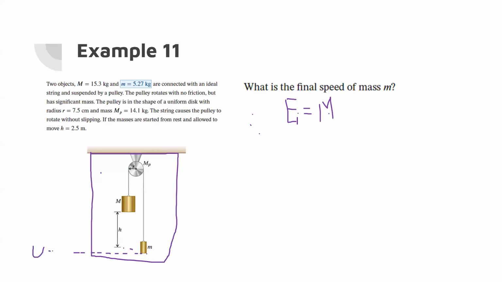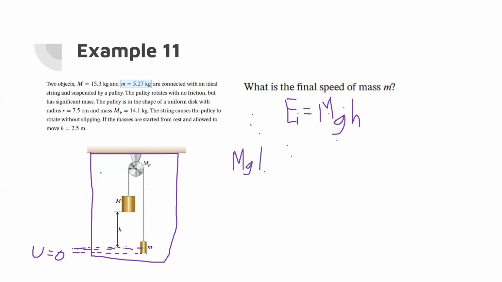We'll say potential equals 0 is right here where the center of mass is. And so right now, the only thing that has potential energy is my big mass, and it has a potential energy of mgh.